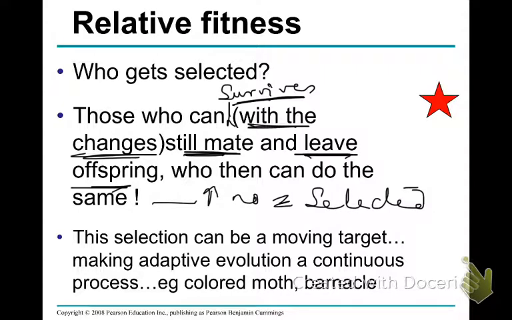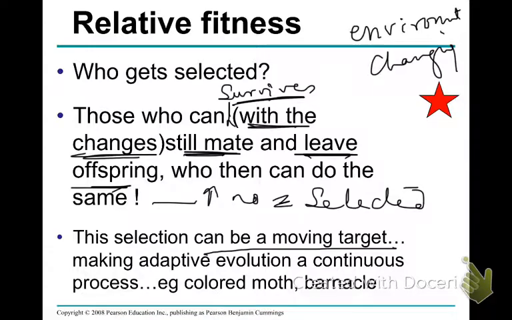But remember, selection can be a moving target, meaning the environment keeps changing. So if the environment keeps changing, that makes adaptive evolution a continuous process.